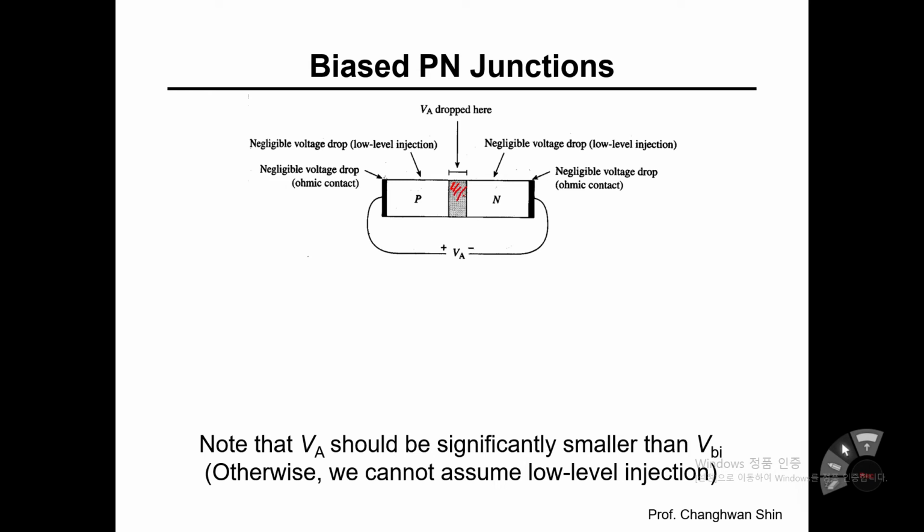The answer can be found here: the depletion region of the PN diode would experience the entire voltage applied across the PN diode. So simply speaking, across the depletion region, the voltage drop would be identical to the voltage that you have applied. Here, the junction voltage is almost equal to the applied voltage VA.